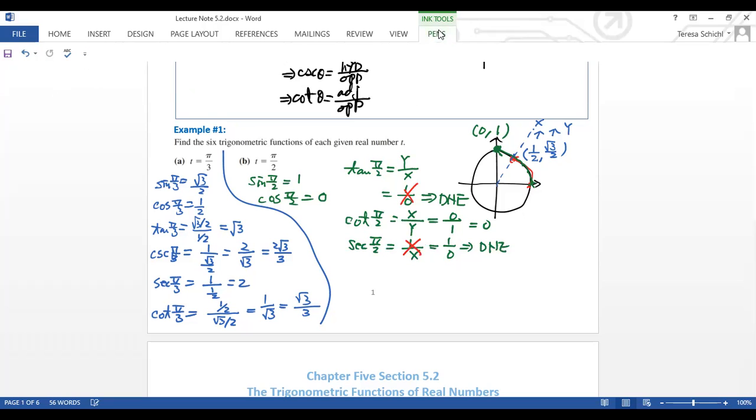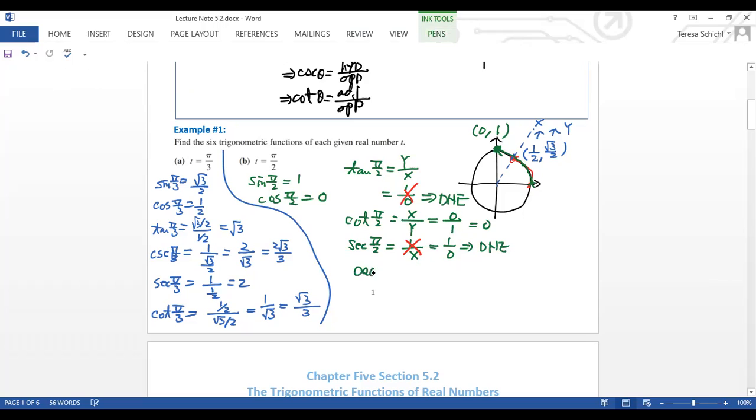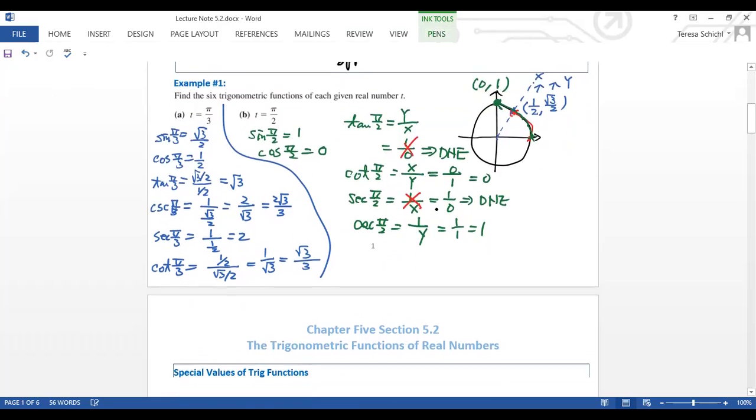Then let's take a look at cosecant here. Cosecant pi over 2 is equal to 1 over y, so it's 1 over 1, which is equal to 1. Okay, so that is what we defined with these six functions here, right?